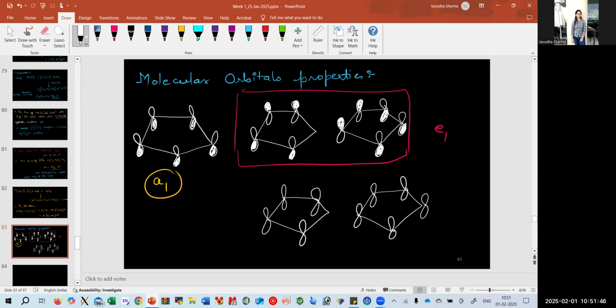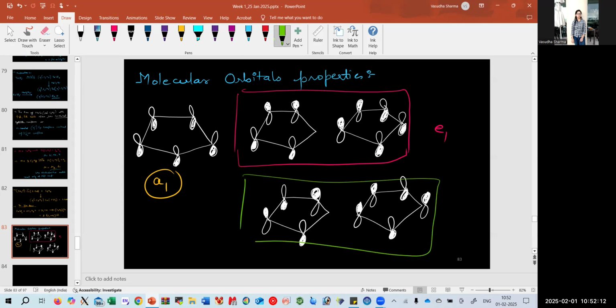And this one is, so here earlier two were on the same side, now they are on opposite sides. And here also we have two above, this one is above, and this comes in a category of E2 molecular orbital.